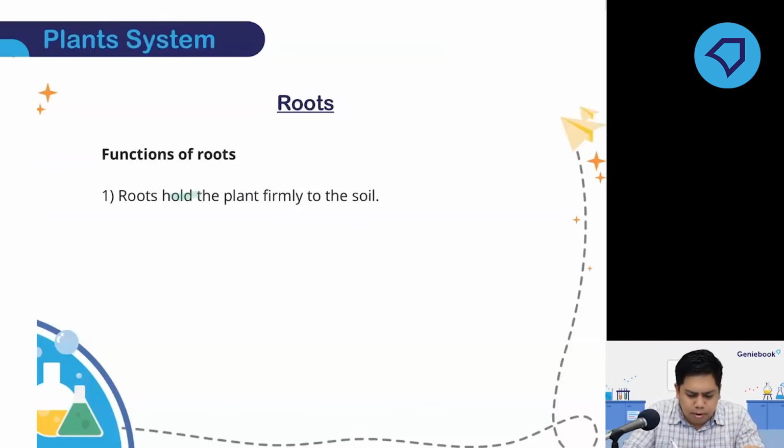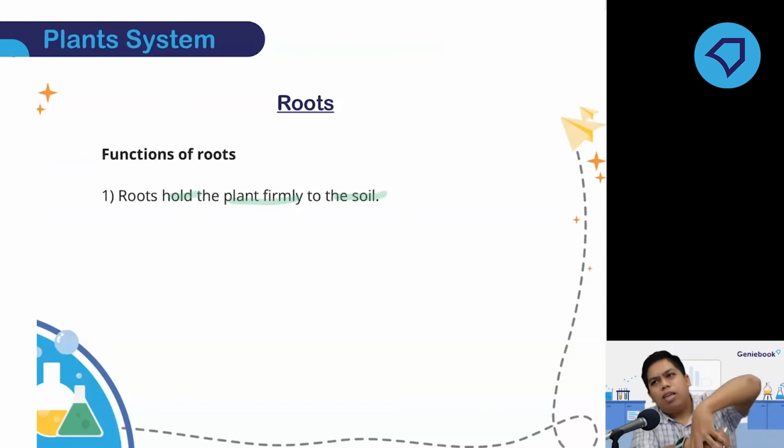Without the roots, plants can topple very easily, because there's nothing to hold them firmly to the soil. Imagine this is the soil, and this is the root. It holds onto the soil firmly, so the plant cannot topple. That's the first important function of the roots.